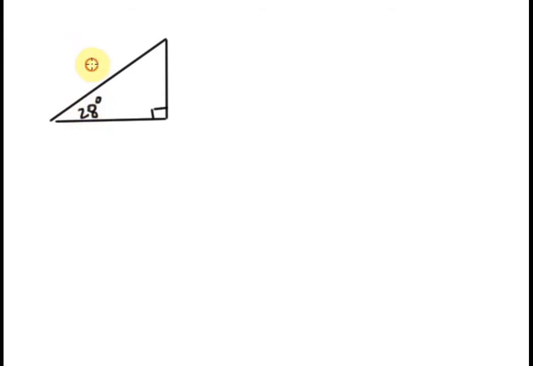And we know that the hypotenuse has a length of 35, and we would like to figure out this side over here. It's a really good idea to label which side is which, so let's do that. Across from the right angle, this is the hypotenuse. Across from the 28 degrees, this would be the opposite, and that means this guy down here is the adjacent.